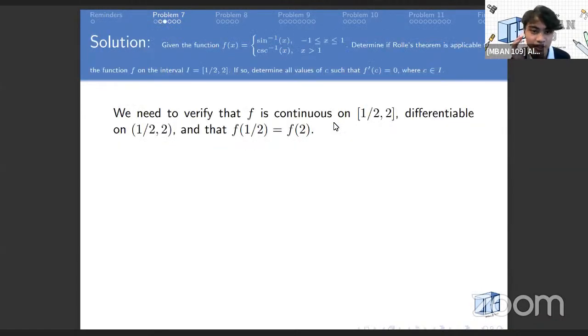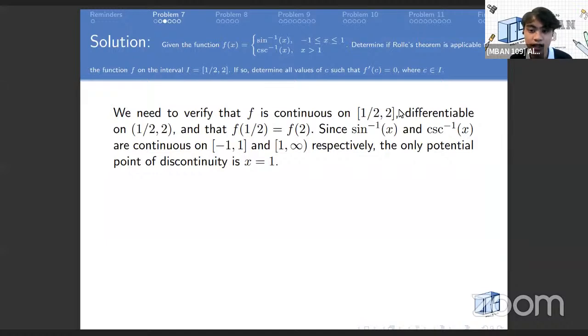So for the solution to the given problem, we need to verify that f is continuous on the interval 1/2 to 2, differentiable on the open interval 1/2 to 2, and that f of 1/2 is equal to f of 2.